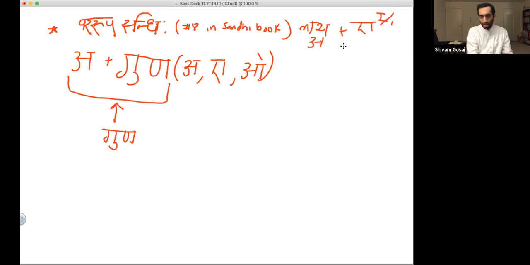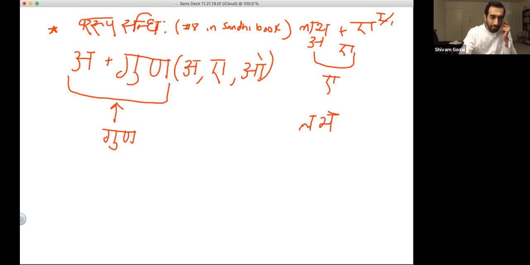So a is next to a and both get replaced by a. So labhe. A and a both get replaced by a. So labhe is our final answer. Okay, so far we have labate, labete, labhante, labase, labete, labadve, labhe, labhavahe, labhamahe.